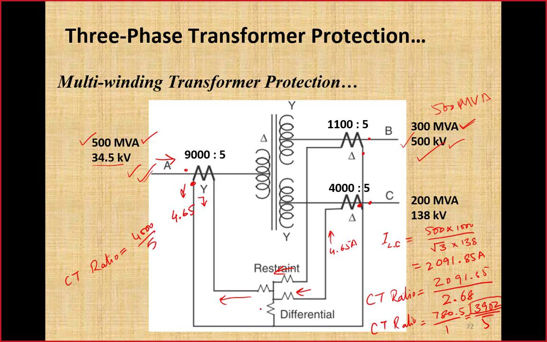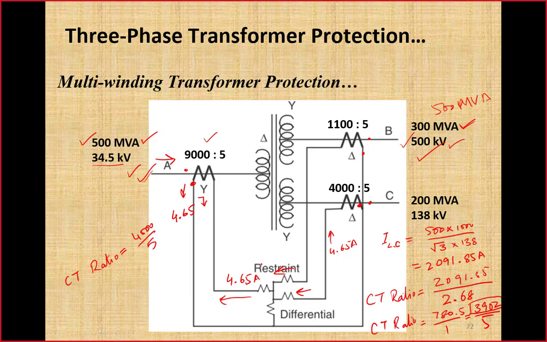Now in order to calculate the secondary currents, we will assume that all these windings are carrying currents according to their power rating. Mean all the three windings are in service and carrying their rated power. So once this winding is carrying 500 MVA, according to this CT ratio, this current which is flowing in the retaining coil will be 4.65 ampere.